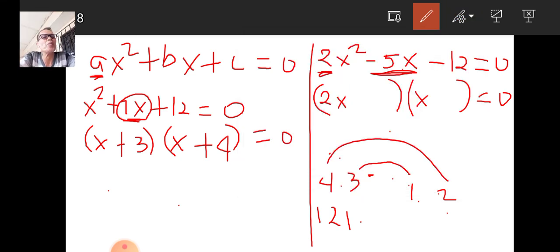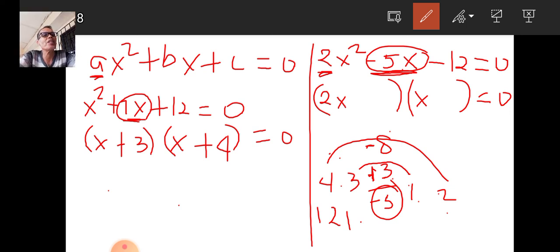So if you multiply 3 times 1, you will have 3. 4 times 2, you will have 8. Since the middle term is negative, 8 is the negative and 3 is the positive. If you add, you will have negative 5, which is now the middle term. So therefore, 3 times 1, 4 times 2.